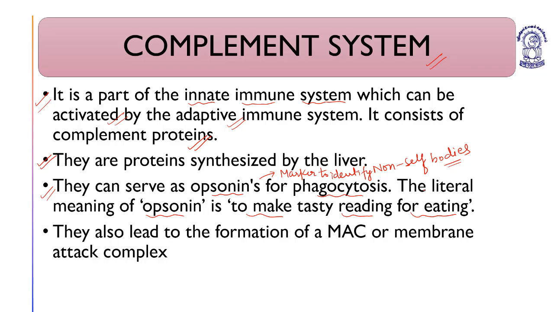Understood? So this is part of the adaptive immune system. This phenomenon is of the adaptive immune system or the acquired immunity, but it is helping the innate immune system to activate the complement system. Understood? They also lead to the formation of membrane attack complex.